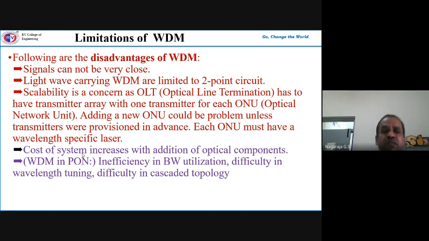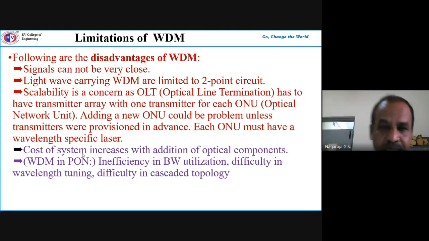Having said the advantages of WDM, we should also be aware of some of the disadvantages of WDM. Signals cannot be very close. That's one point. Light waves carrying WDM are limited to a 2-point circuit. Even though I said you can go for different channels, that is going to become a 2-point circuit basically.